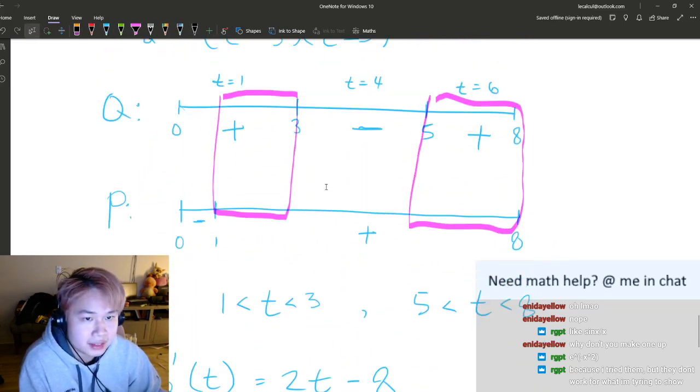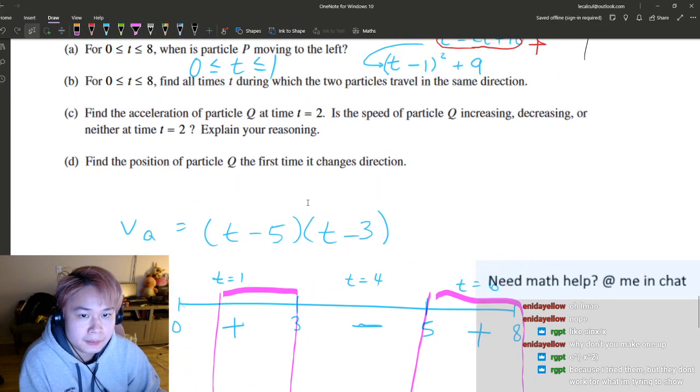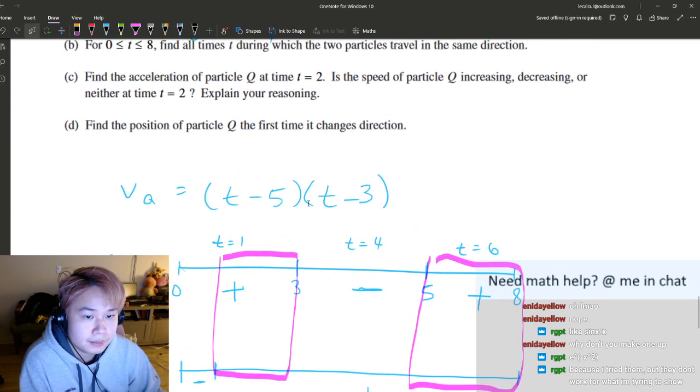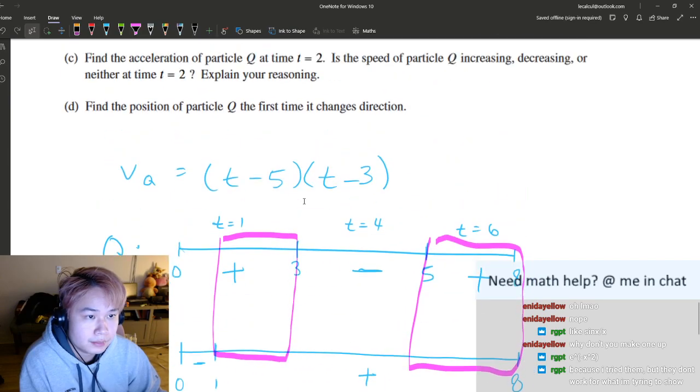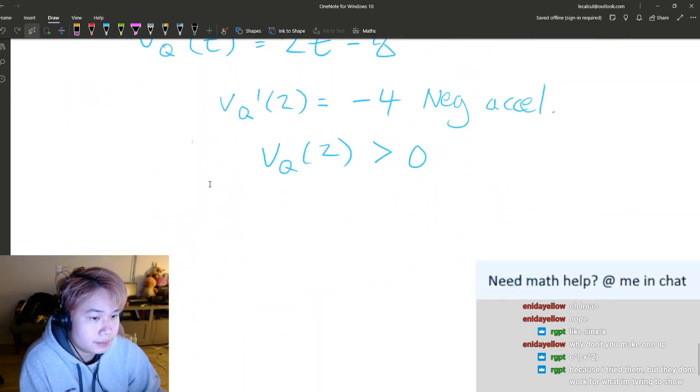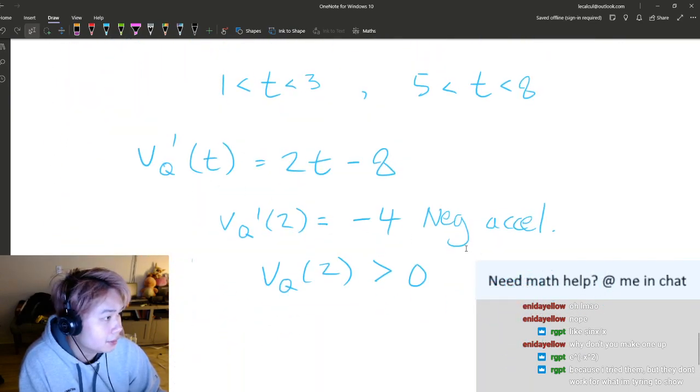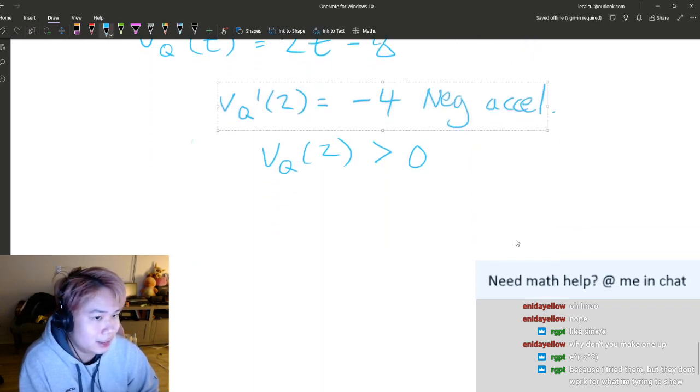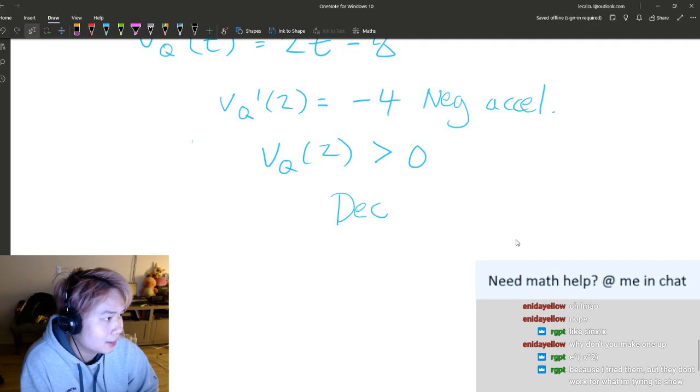So you're moving to the right, but you're accelerating to the left, so you're actually getting slower. So this is decreasing.